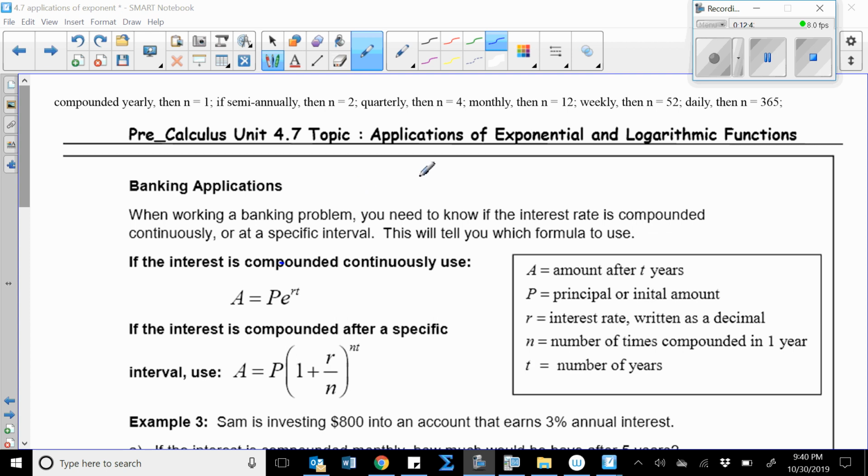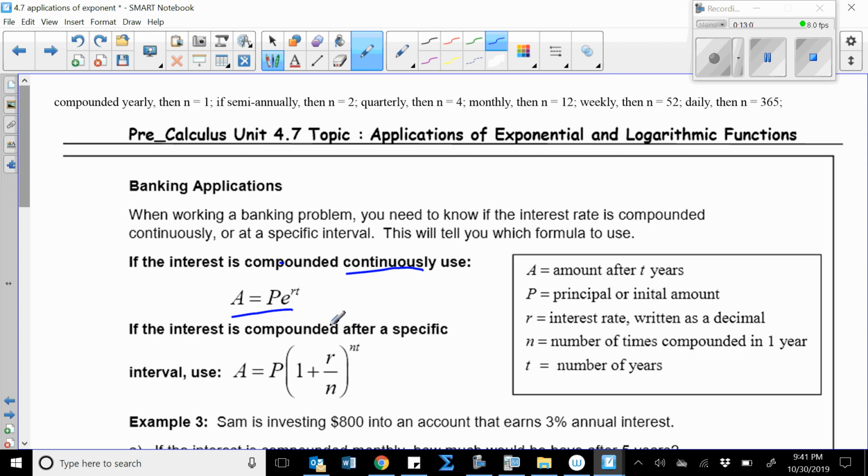The next type of application of exponentials are banking applications. We know that if we put our money in a bank account, we will get some interest. Sometimes the interest is compounded continuously. So if it's compounded continuously, we can use this formula, the regular exponential growth function, to find the interest that we get on our money.